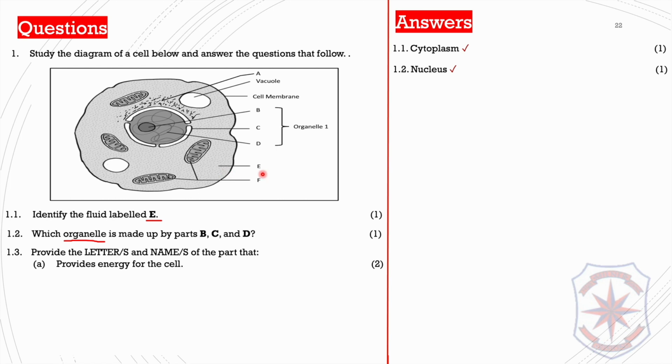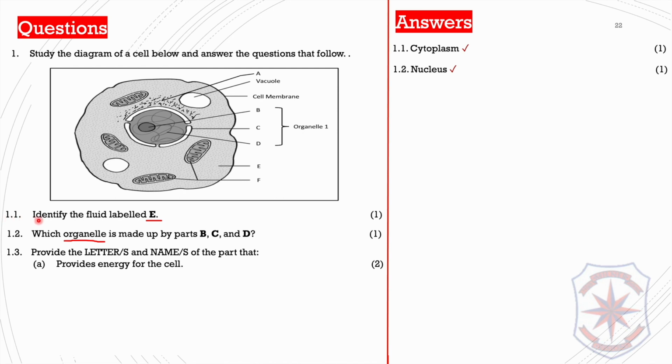It is a direct way of asking what is fluid E. However, indirectly, they have given you a function. What you have to do is identify the relevant part of the cell in terms of its letter and its name.